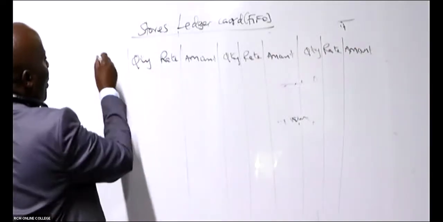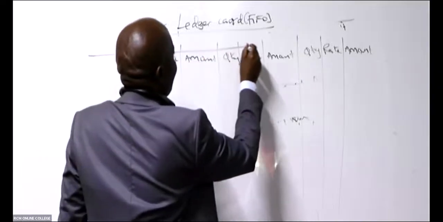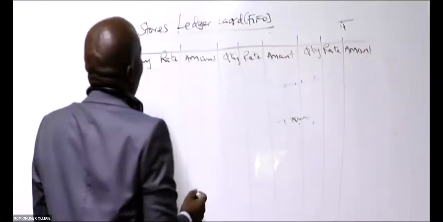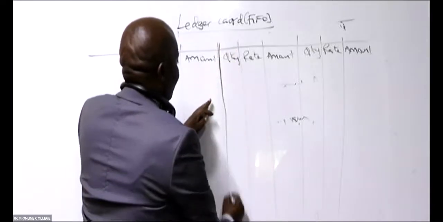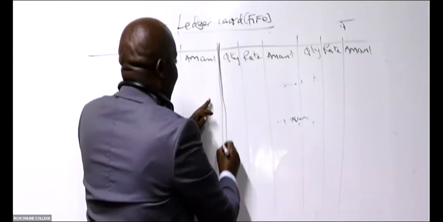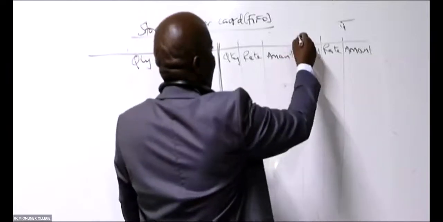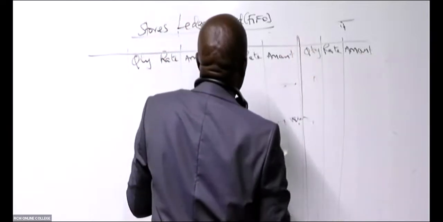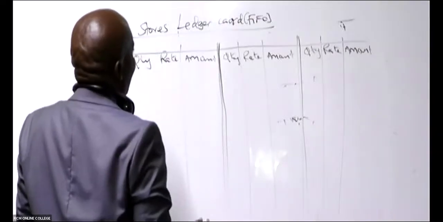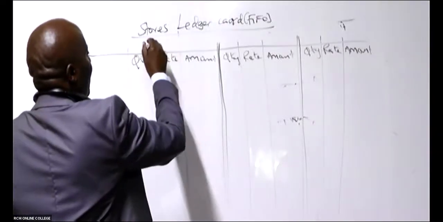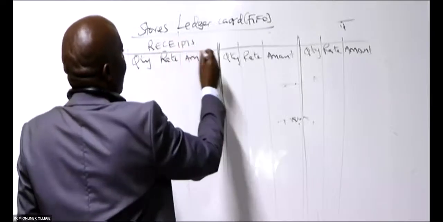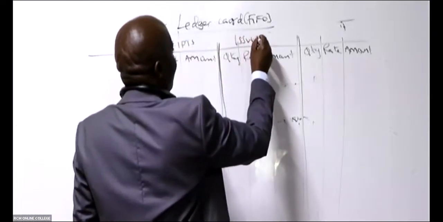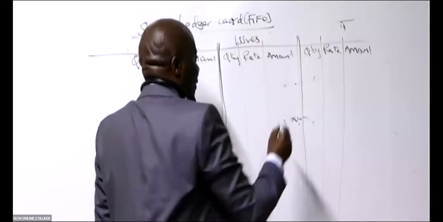So you come up here. At the end of this amount, you shall always have double lines. The first one here is receipts, then we shall have issues, then we shall have balances.